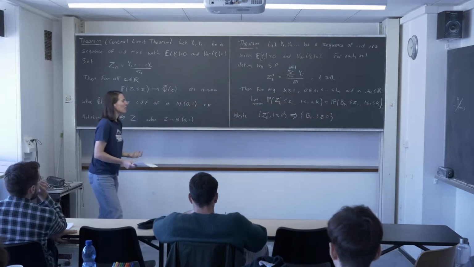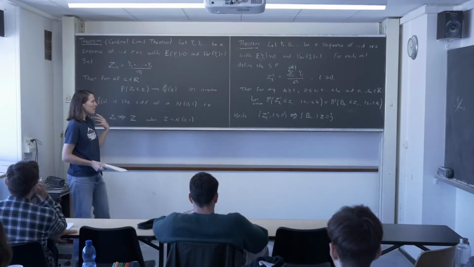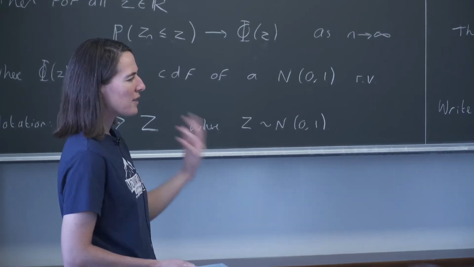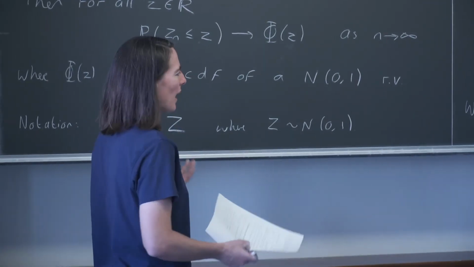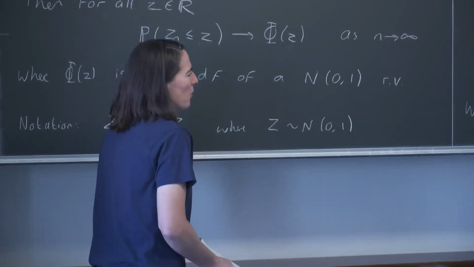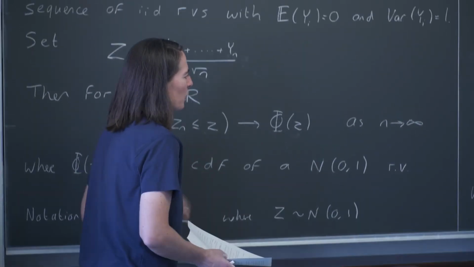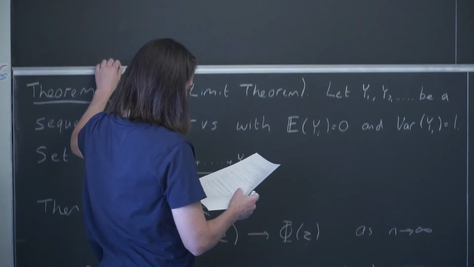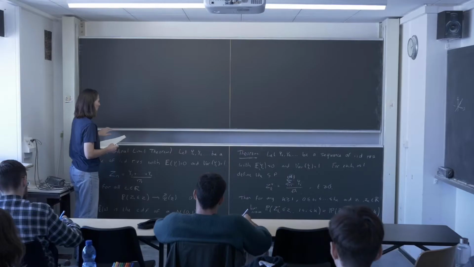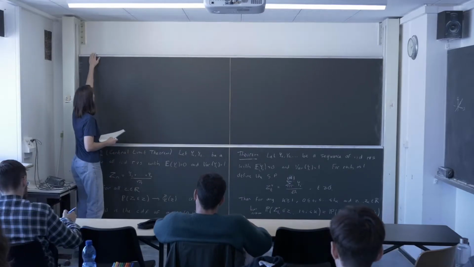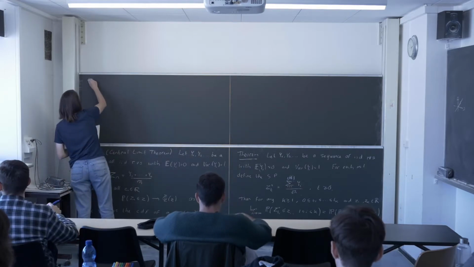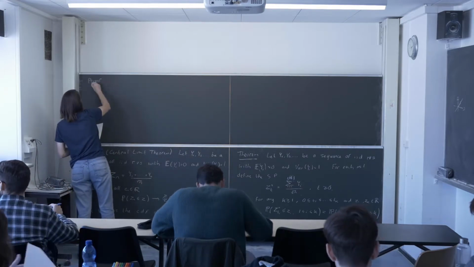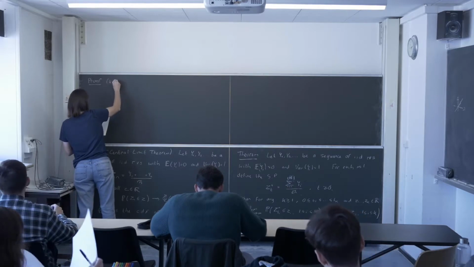That's mainly just to keep the notation simple. The mathematical ideas are the same, so you should be able to take my argument for k equals 2 and write it down for general k. But just to save on board space, I'm just going to do it in the k equals 2 case. Okay, so here's our proof. And we just do this for k equals 2.